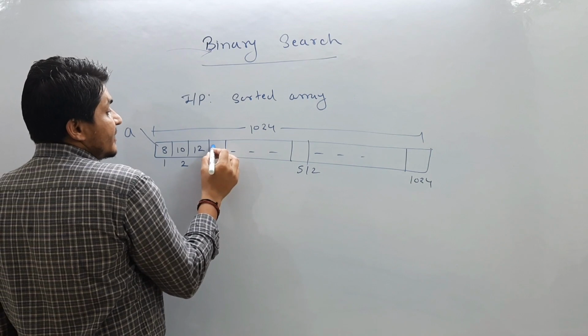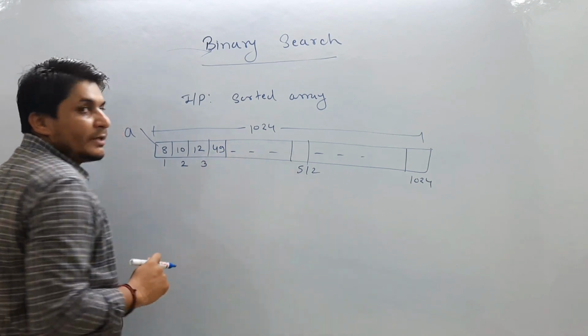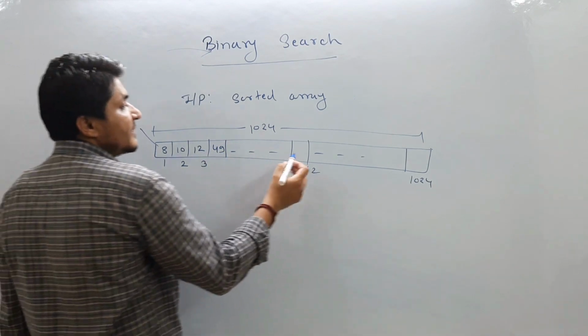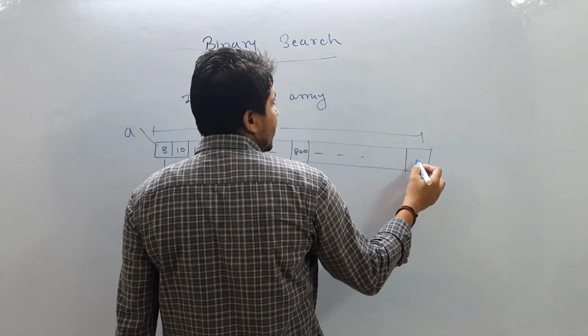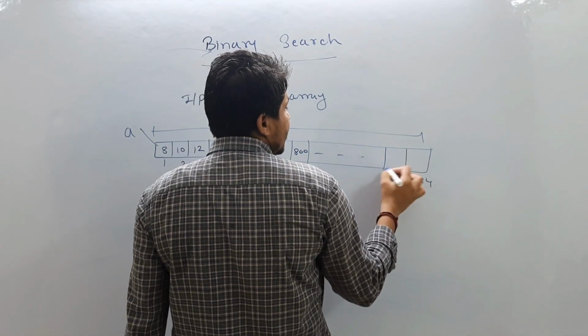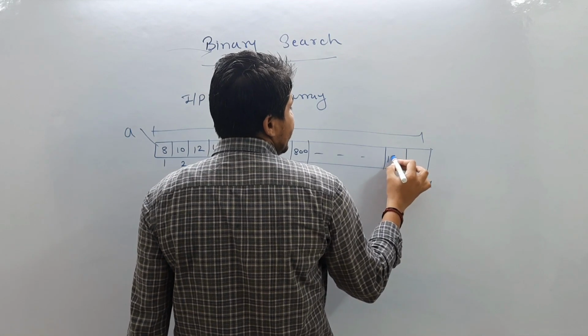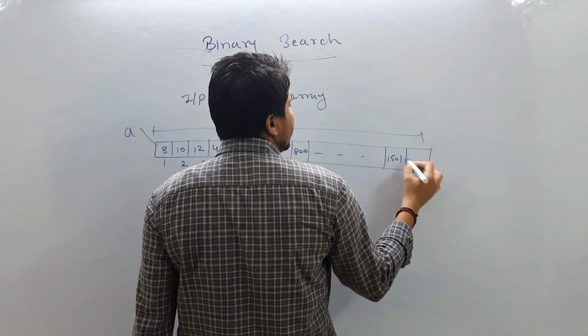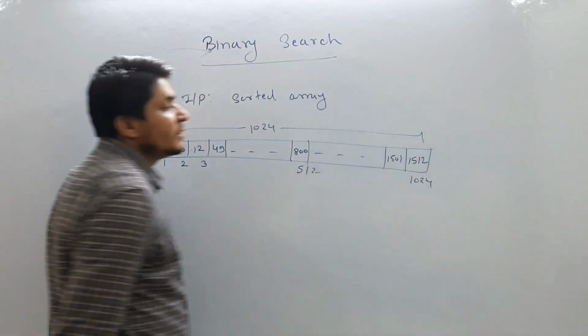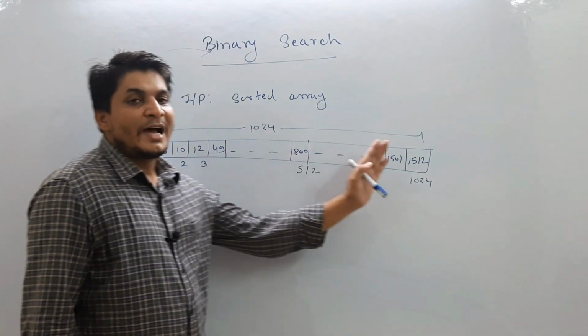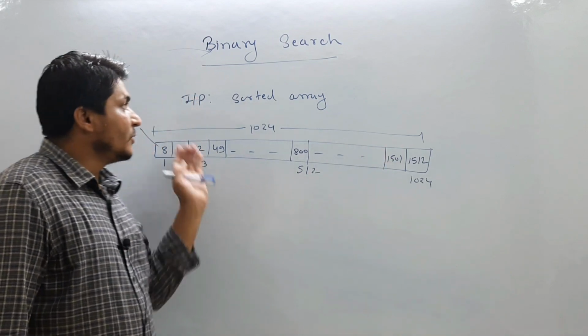Next is let's say 49, so the next value is going to be greater than 49. Let us assume this is 800 something. The last value, let's say 1501, has to be greater than this, so let's suppose 1512. So this is my sorted array. I have taken some random values in the sorted array.